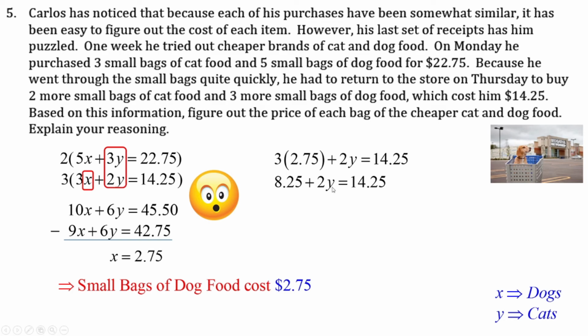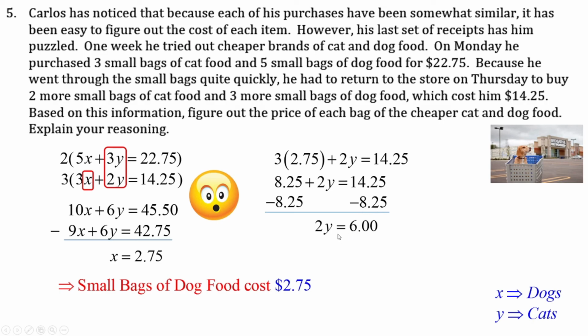Yeah. Now let's solve for that Y. So let's subtract the $8.25 from both sides, and $8.25 minus $8.25 is gone. And I'm left with 2 times the number of small bags of cat food, 2Y, is $14.25 minus $8.25. That'd be $6.